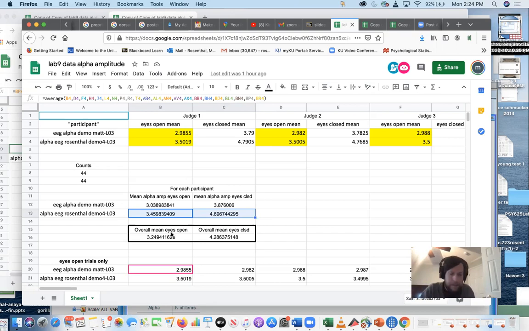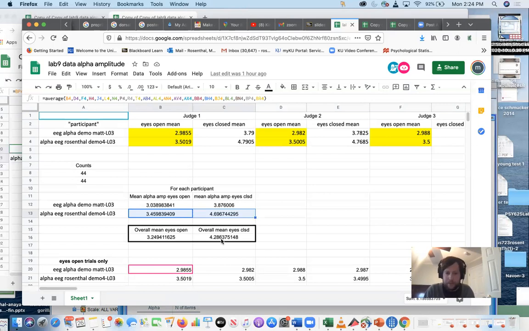When we're actively engaged in the world, the alpha amplitude actually tends to be smaller. When we're relaxed and not engaged with the world, not paying attention to what's going on, when we're not taking in information from out in the world, the alpha amplitude actually tends to be bigger.